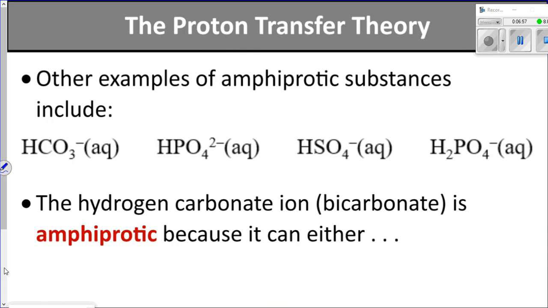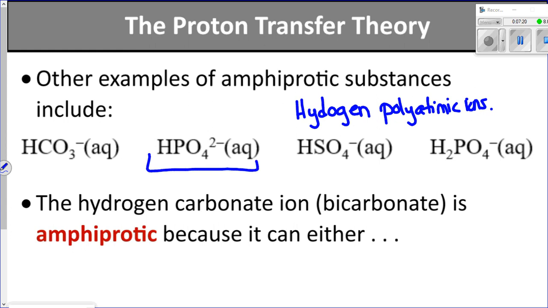And here are some examples of other amphiprotic substances. So basically, any hydrogenated polyatomic ions are examples of things that could be amphiprotic, because technically, like HPO4 2-, it has a negative charge, so it's definitely willing to accept a proton.